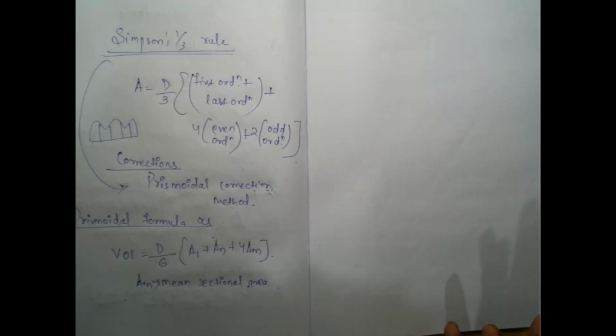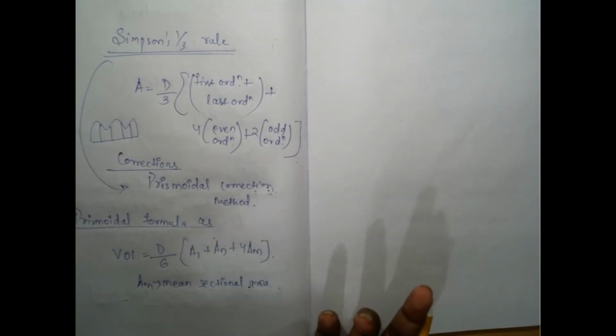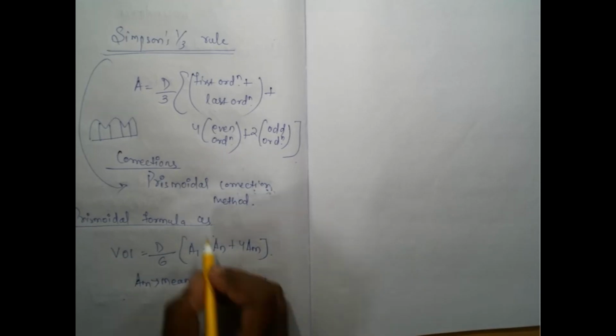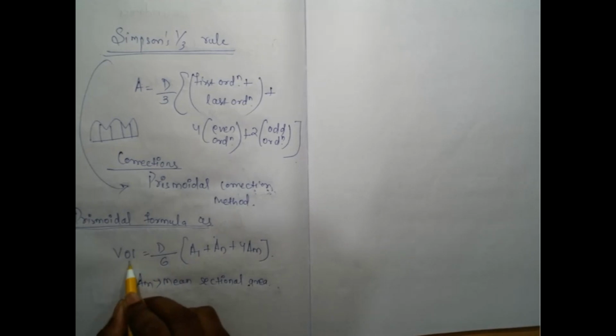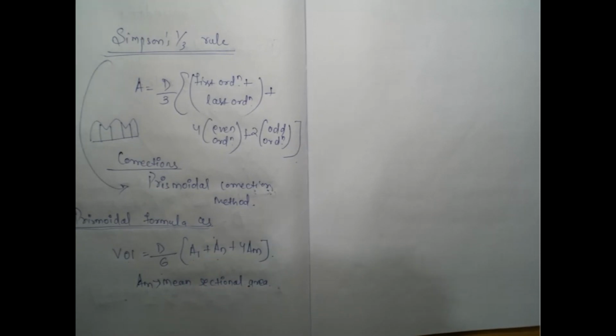As we assume that the area will vary uniformly, when the area varies uniformly we consider the prismoidal formula, that is volume is equal to D by 6 into A1 plus AN plus 4AM.